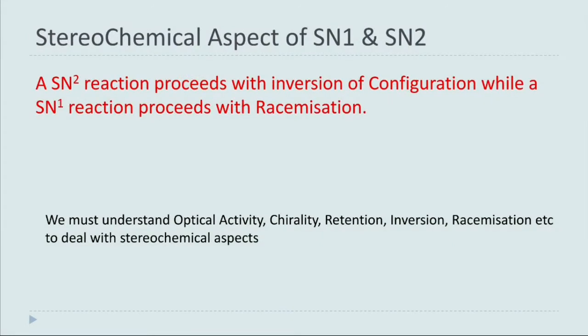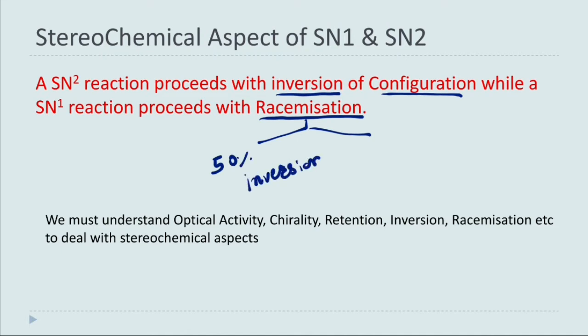Okay, so now let's begin with the stereochemical aspect of the SN1 and SN2 mechanisms. As I already told you, in the SN2 mechanism we observe inversion of configuration, whereas in the SN1 reaction we observe racemization, or we may also say that in the SN1 reaction we observe 50% product with inversion of configuration and 50% product with retention of configuration.